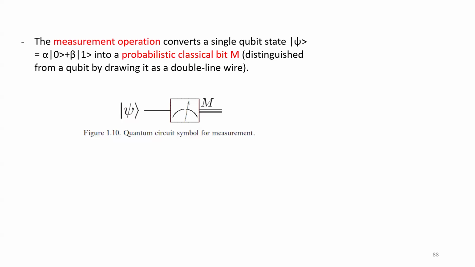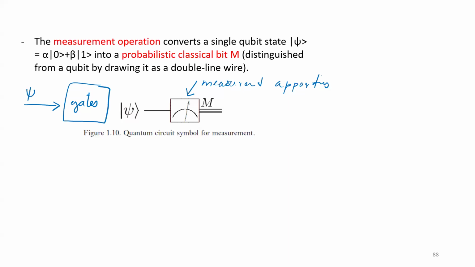One of the very important things that we do is the measurement. If you have a measurement apparatus here, and you did some operation, so imagine that you have here gates and you started with some initial psi, I'm going to call it psi 0, for instance.